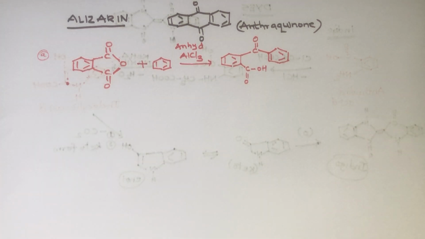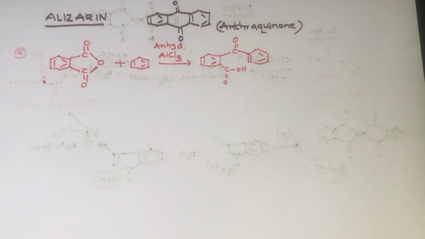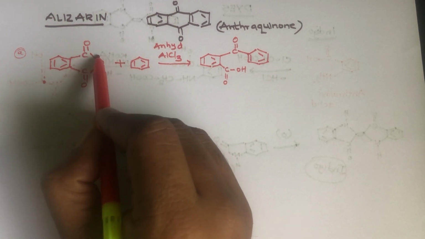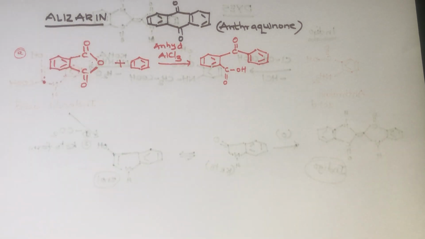This is what you get. This carbon attacks this, and this bond breaks because the new bond is formed, the old bond should break. So you get this compound. The compound is orthobenzoyl benzoic acid.